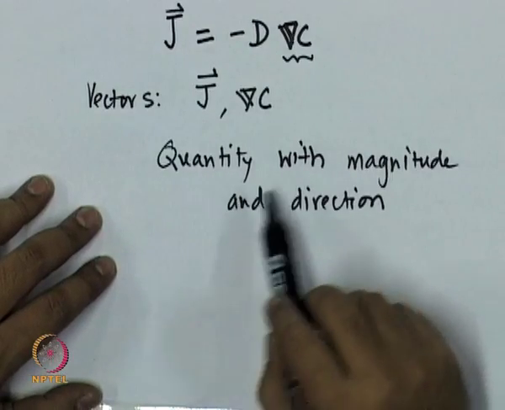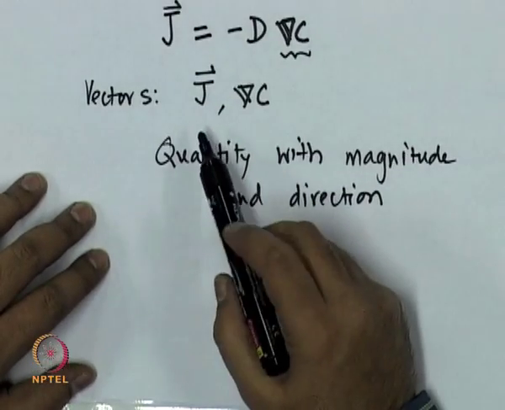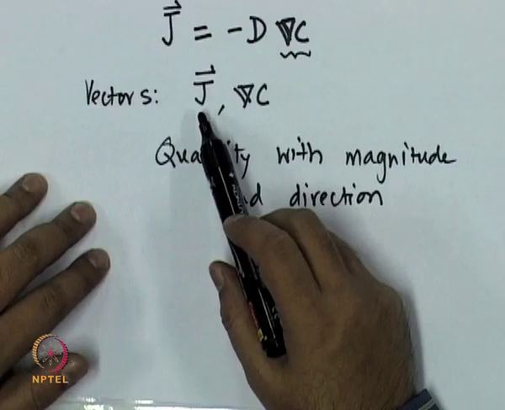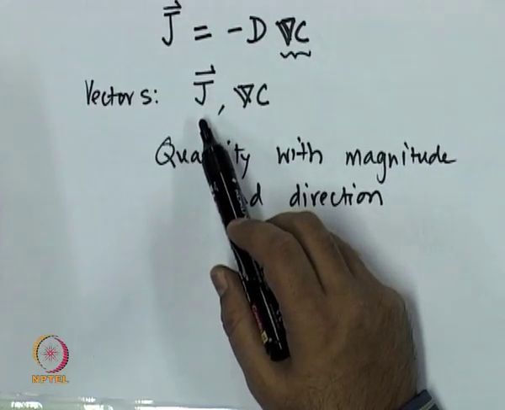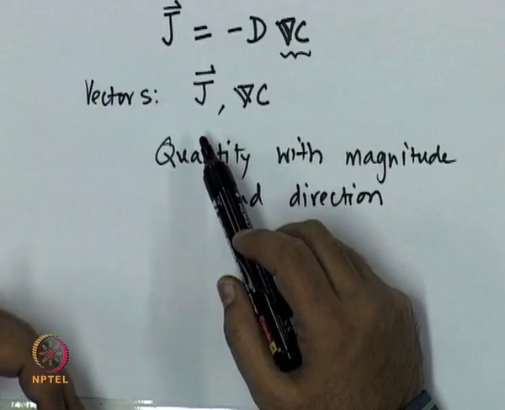So, when we say flux, it is not sufficient to say how many atoms per unit area per second, but we also have to say in which direction. Similarly, when you say concentration gradient, it is not sufficient to say this much concentration across this distance, but we also have to say in which direction it is set up. So, this is the simplest definition of vectors that we know.